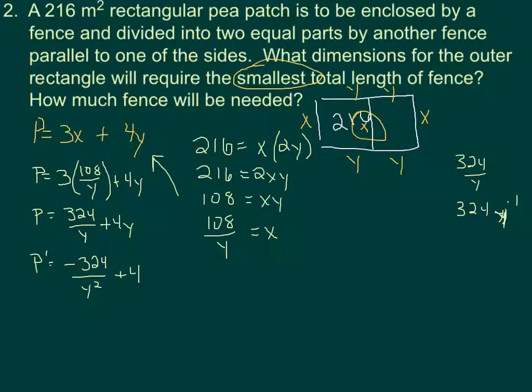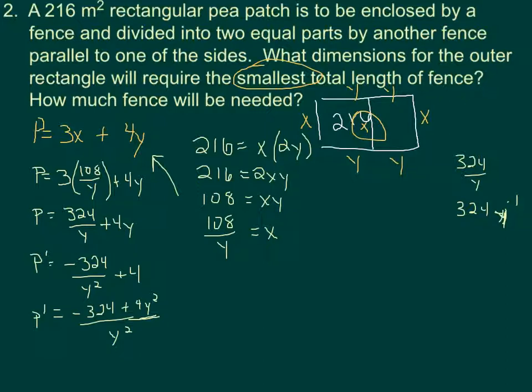Okay. And when I get something that looks like this, then I prefer to go ahead and get a common denominator and have it just as one fraction. You can work it in multiple different ways, but just know that's what I'm choosing to do. So this will be negative 324 plus 4y squared, all of that over y squared, and that equals p prime.